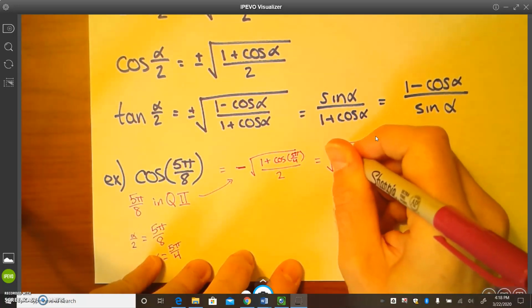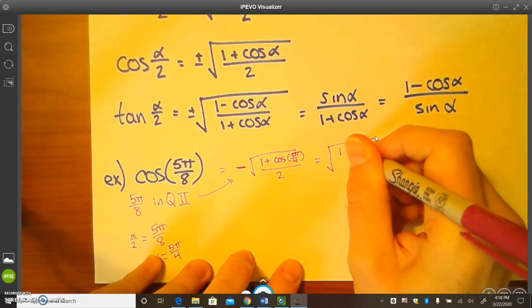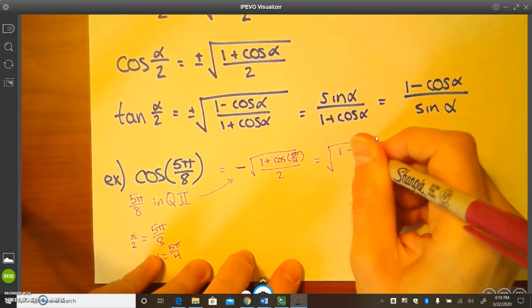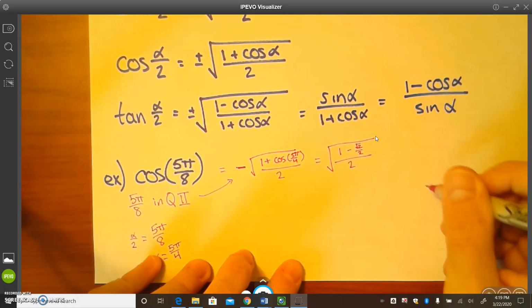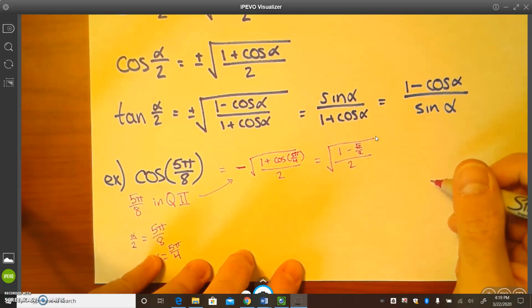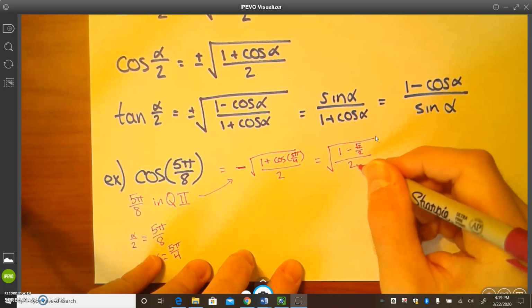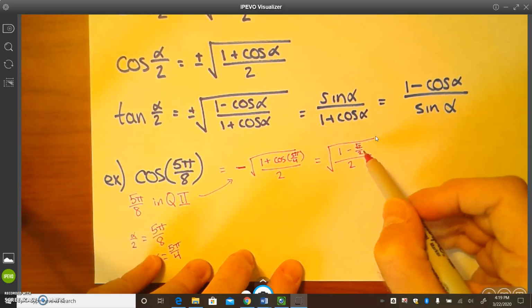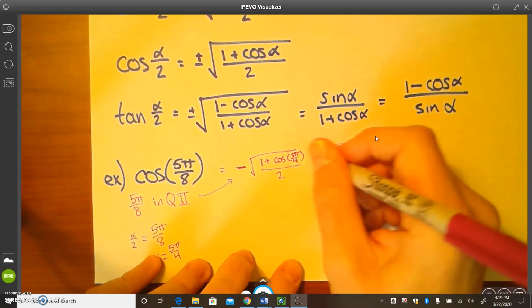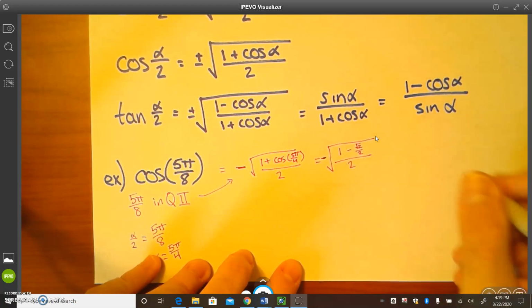So we have a 1, and cosine 5 pi over 4 is negative rad 2 over 2, all over 2, which I can then do that keep change flip. If I'm dividing by 2, you multiply by the reciprocal, 1/2, and I'm going to do that to the numerator. I just realized I forgot my negative there.